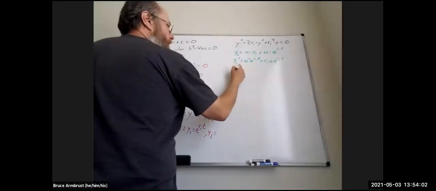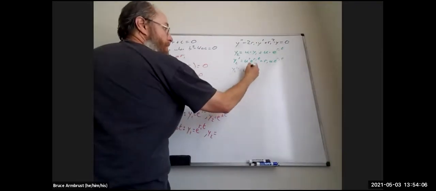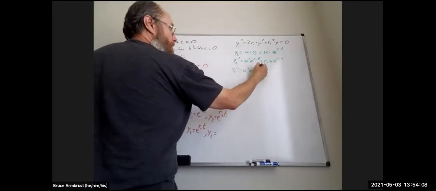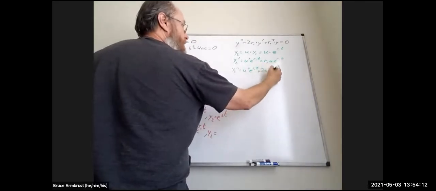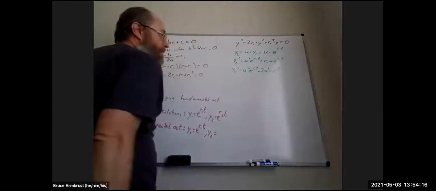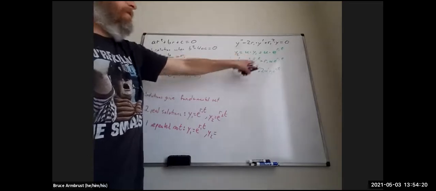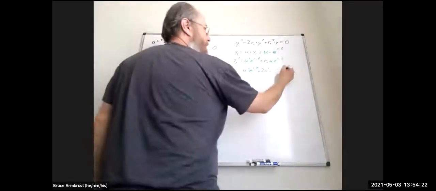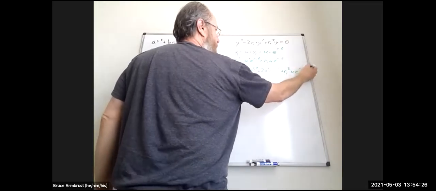And then when we differentiate a second time, we're going to get u double prime e to the r1t, plus 2 u prime r1 e to the r1t. There's going to be one from each of these. And then plus r1 squared u e to the r1t.